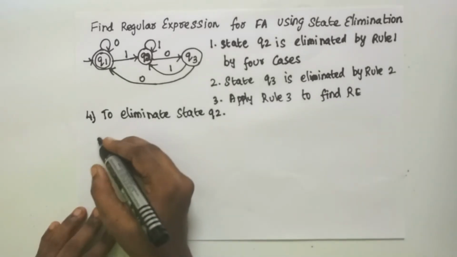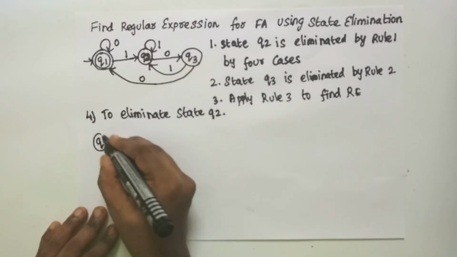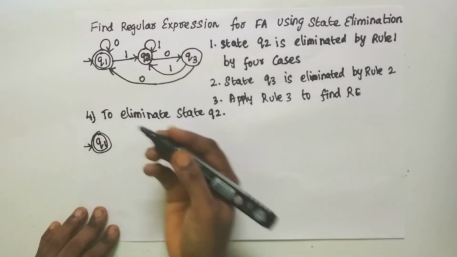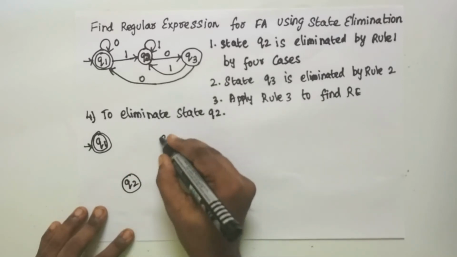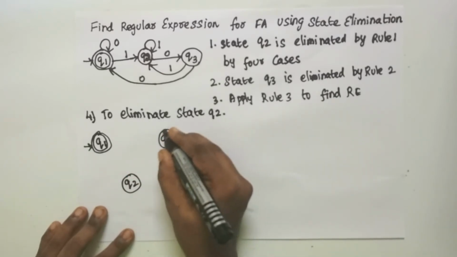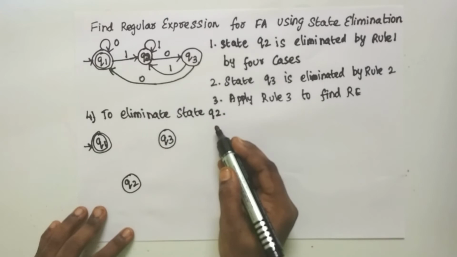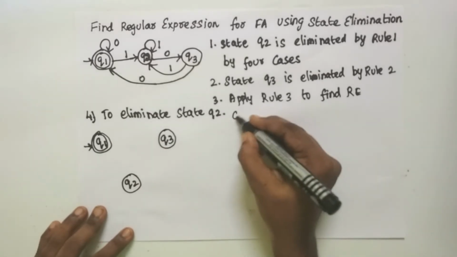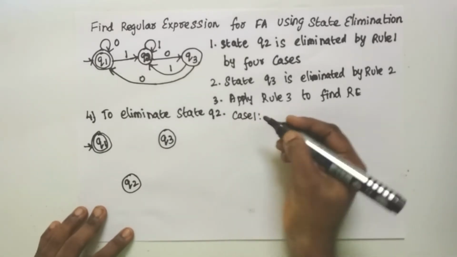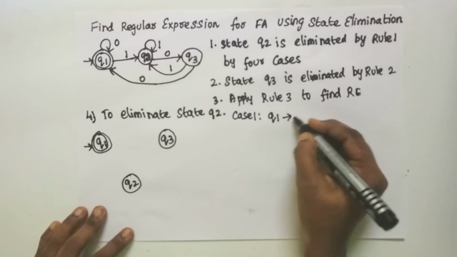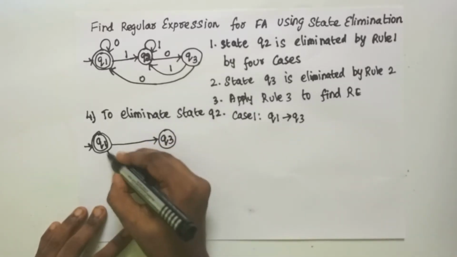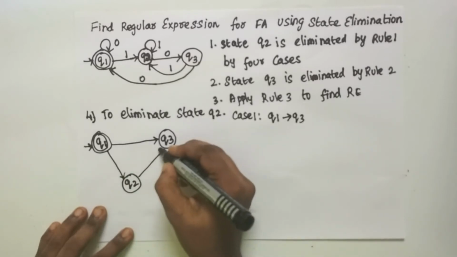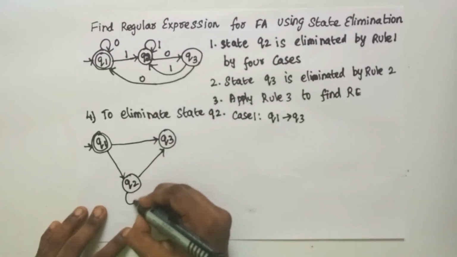So here we have Q1, which is both initial and final, and here Q2 is going to be on the bottom, Q3 here, and here you are going to consider the case number 1. Case number 1 is from Q1 to Q3.